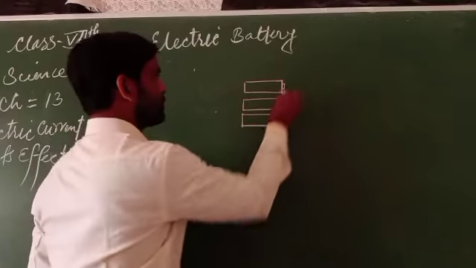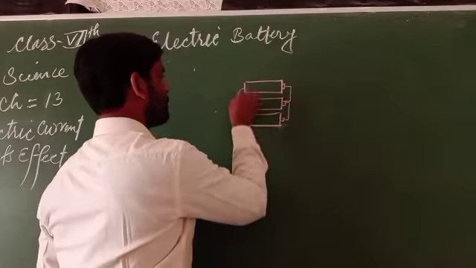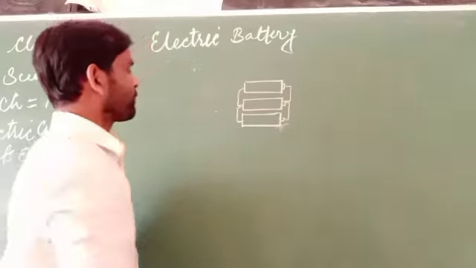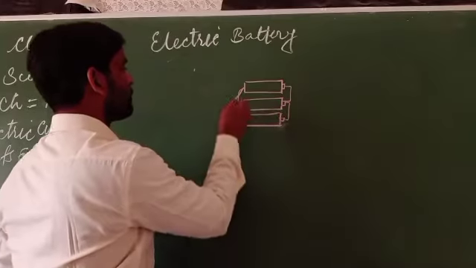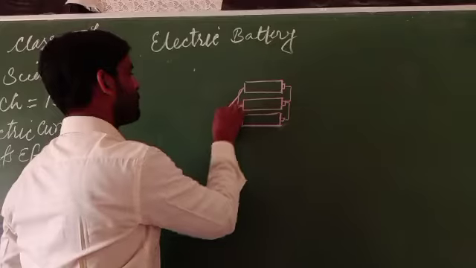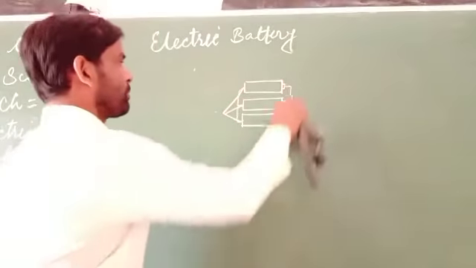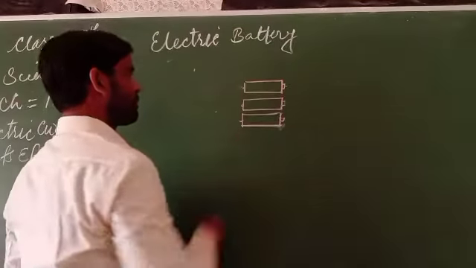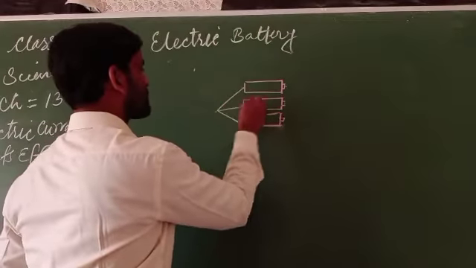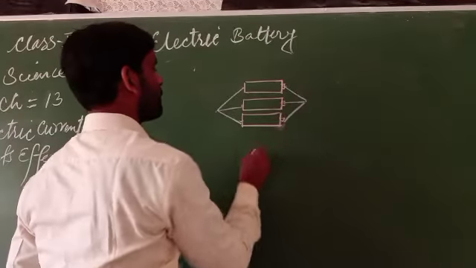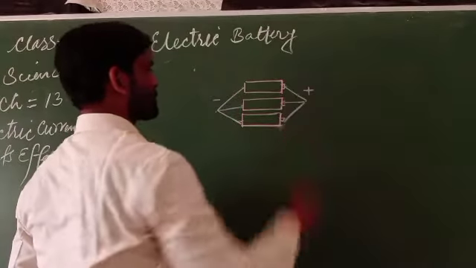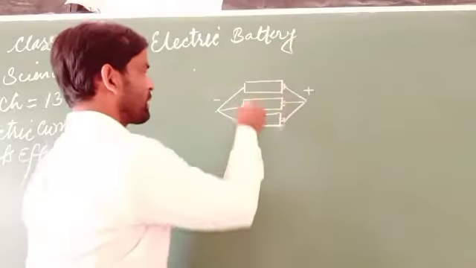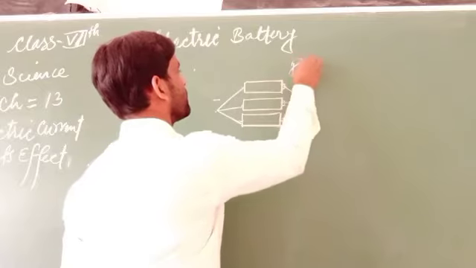The cells can also be connected in another form, like this, negative terminal with negative terminal and positive terminal with positive terminal. Here also energy is produced, but in a different sequence.